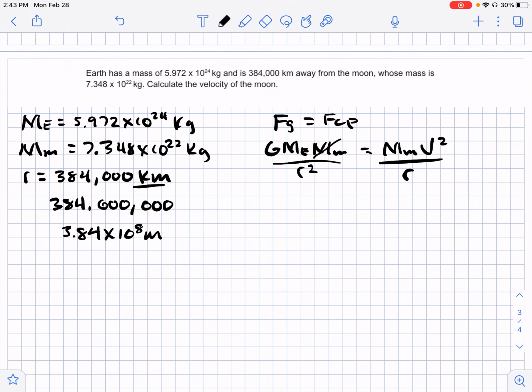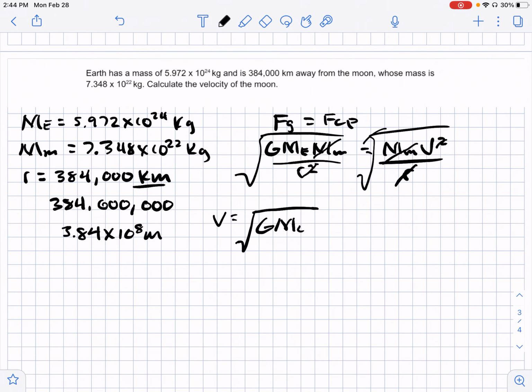And like we said earlier, that mass of the moon will cancel, one of those r's cancel, and then I can take the square root of both sides to get rid of that squared. And what I'm left with is that the velocity is equal to the square root of G times mass of the Earth divided by the distance between them.